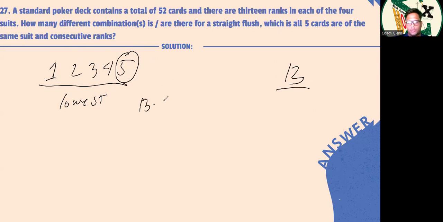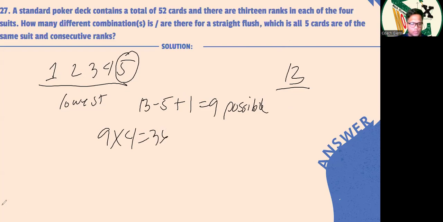So all we need to do is 13 minus 5 plus 1, which is essentially equal to 9. So we have 9 possible consecutive numbers or consecutive ranks. But remember, we have 4 suits, so we need 9 times 4, that is equal to 36. As some of you who play cards know, ace could be the lowest and the highest at the same time.